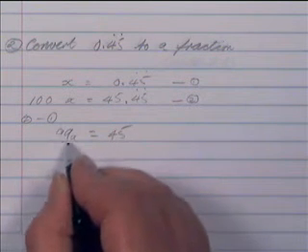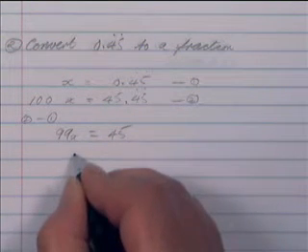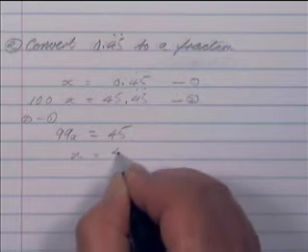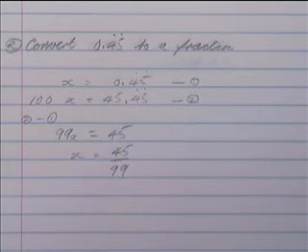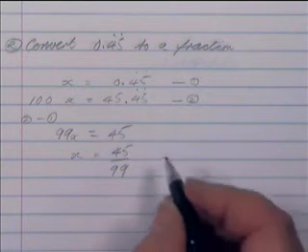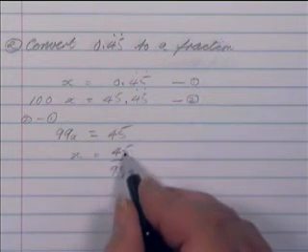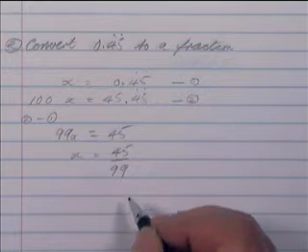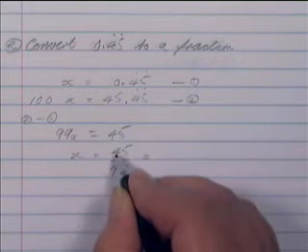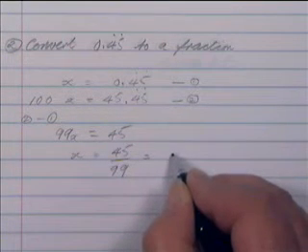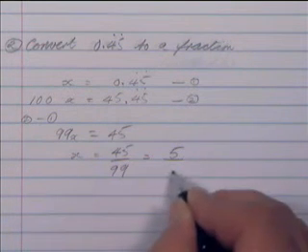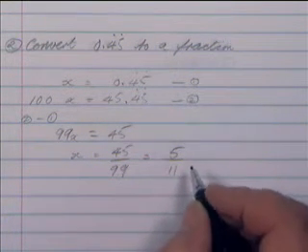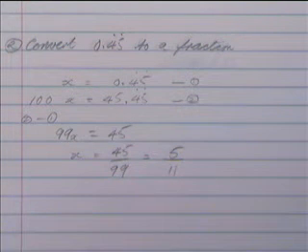Now to get x by itself, divide by 99, so x equals 45 over 99. Now in this case, of course, you'll be able to see that we can cancel, because 9 goes into 45 and 9 goes into 99. So that's equal to 45 divided by 9 is 5, and 99 divided by 9 is 11, so that's equal to 5 over 11.